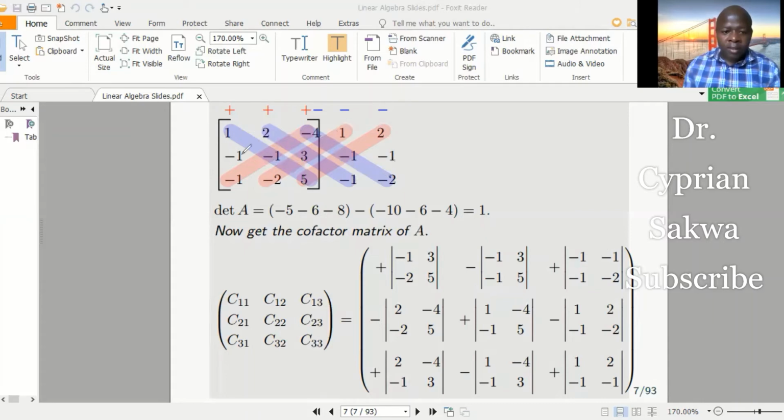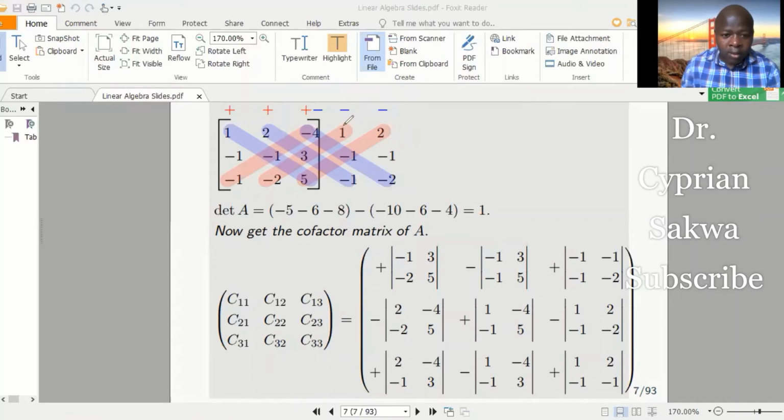Now I come to this element, delete its row, and delete its column. So I'm left with 2, -4, -2, 5, and the sign is negative. Remember that the signs are alternating. So now let's come to the element in row 2, column 2.